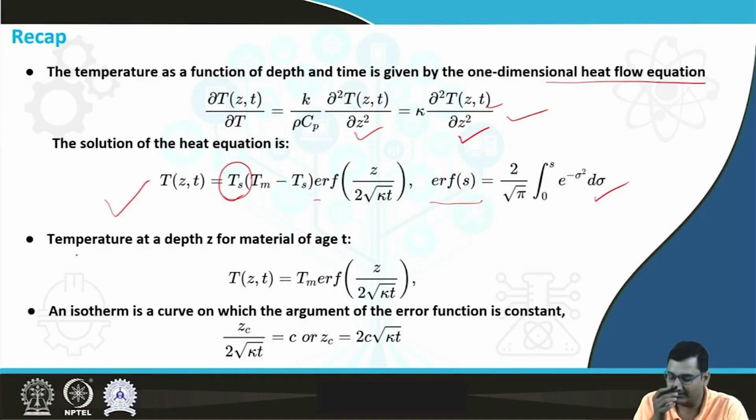The temperature at depth z for material of age t, T(z,t), is equal to Tm erf(z/(2√(κt))).